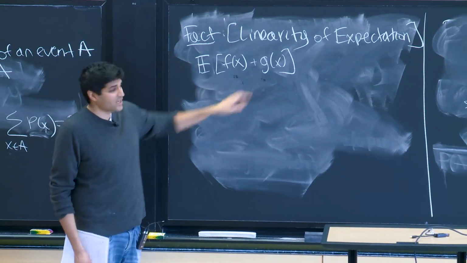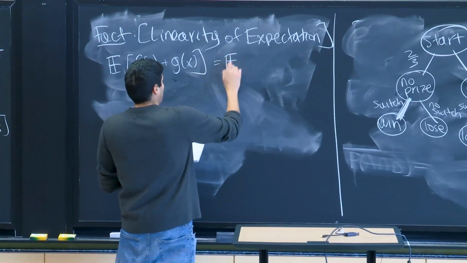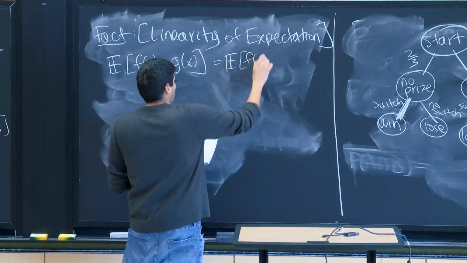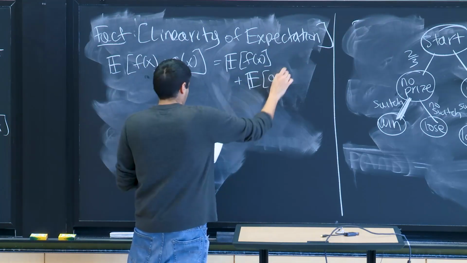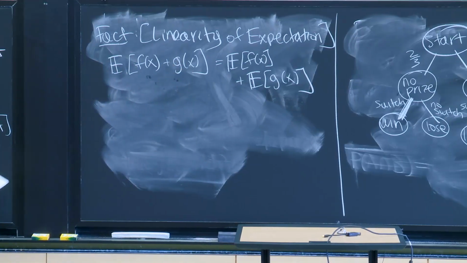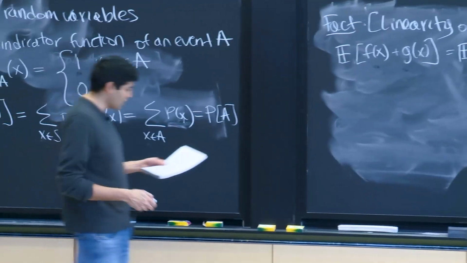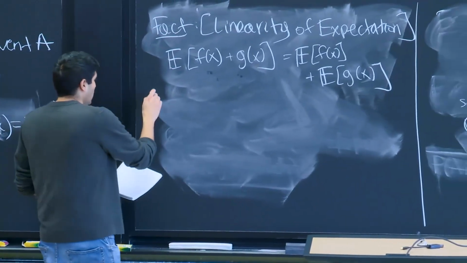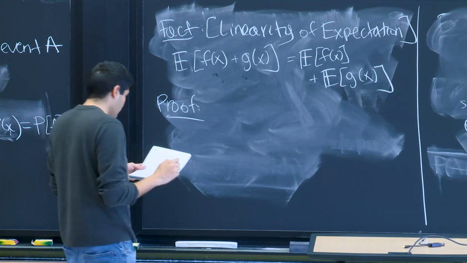And when I look at its expectation, that's the same thing as the sum of the expectations of the individual functions. So this is a powerful tool. I think the first time you see it, it's easy to nod your head and think it looks obvious. Let's prove it, but then I'll test your intuition to see how well you understand this.